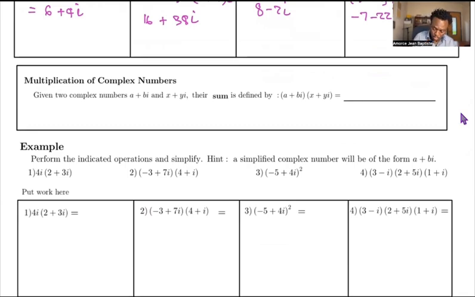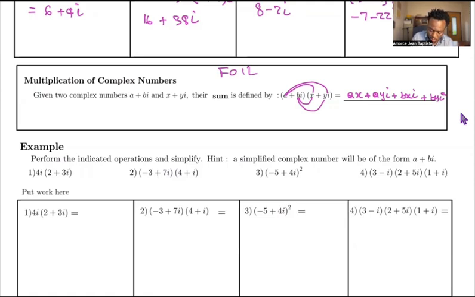So we FOIL: AX, AYi, BXi, and BYi squared. And we're not going to forget, so remember we FOIL.